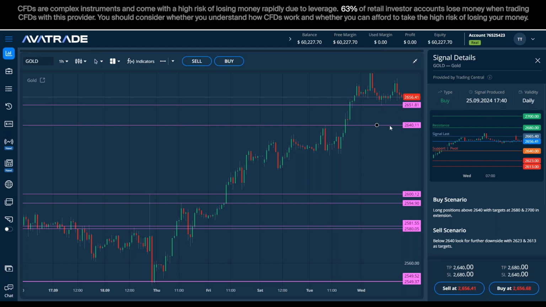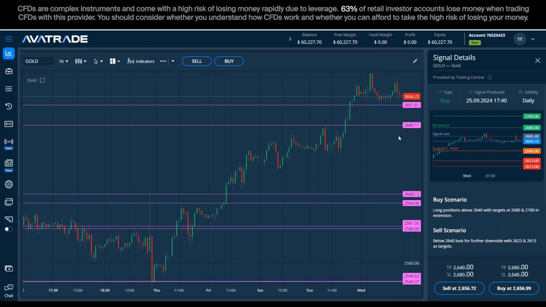If it breaks below this price level, which is deemed a more significant old resistance level that became a support level, okay? If it breaks below this price of 2640, then you see in this signal that they're saying they would expect it to keep dropping further towards 2623 and lower, okay?